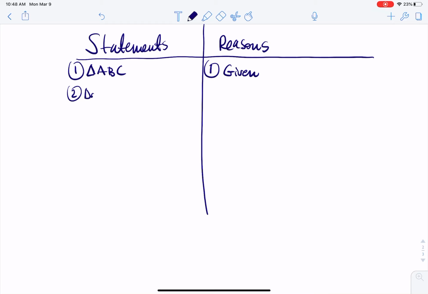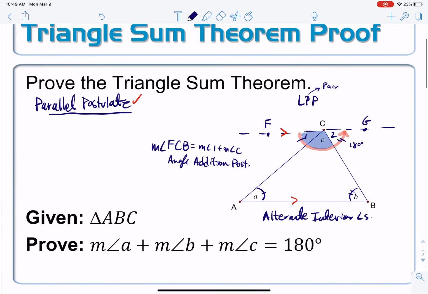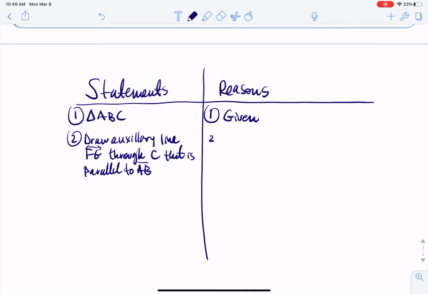So draw auxiliary line, I called it FG, through C that is parallel to AB. What allows me to do that is our parallel postulate right up here. And I'm going to put that as the reason.